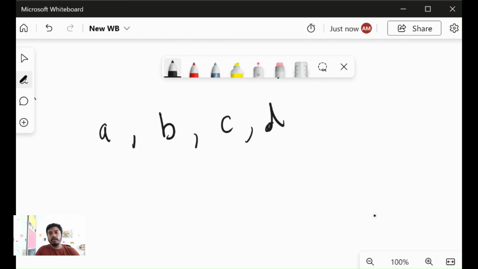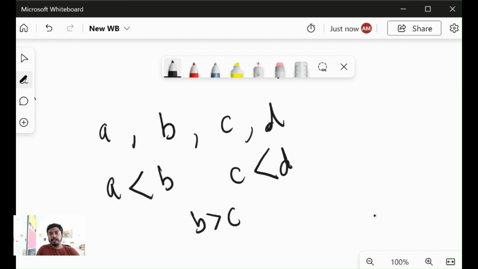Now I'm saying that, given that A is less than B, C is less than D, and B is greater than C. So basically A is here, B is here, C could be somewhere here, and D is somewhere here. Okay, A, B, C, D. Now you can see there could be multiple other possibilities.